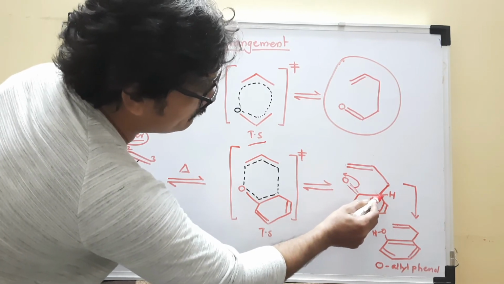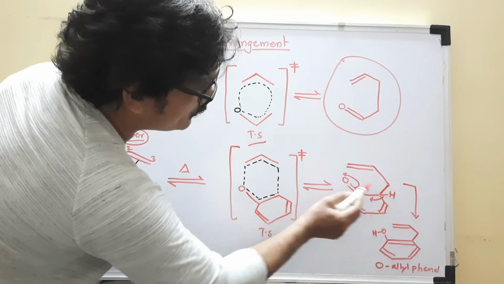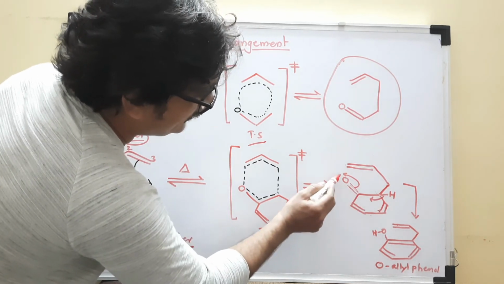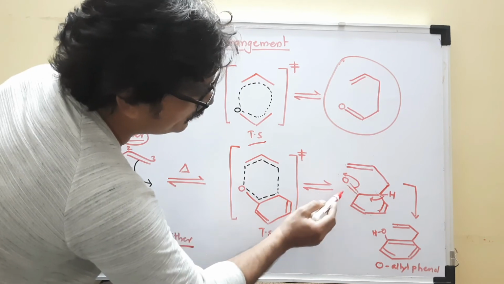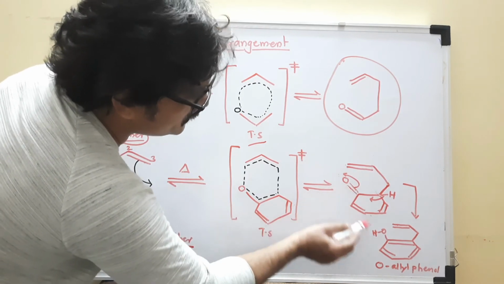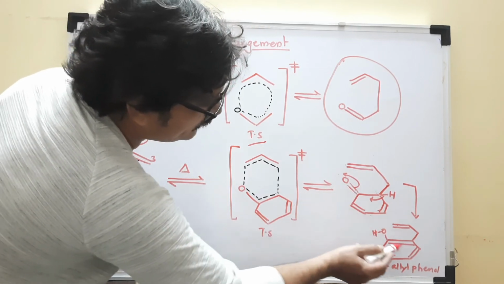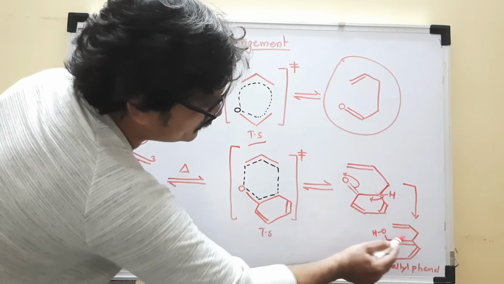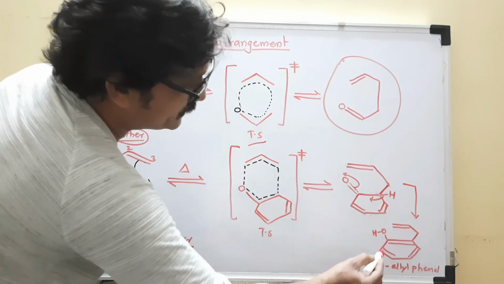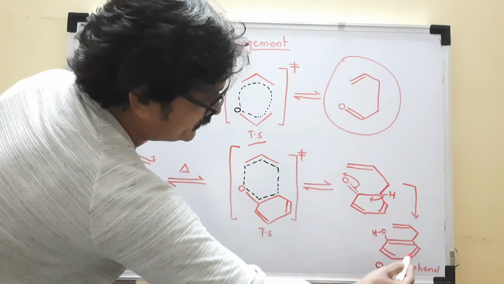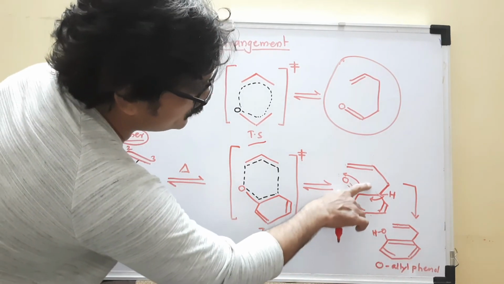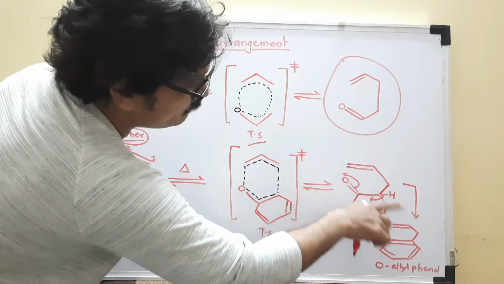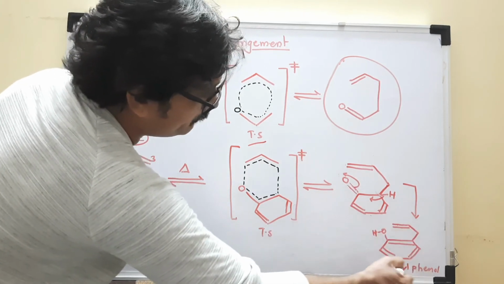This bond is converted to a pi bond, and this hydrogen is moving to the oxygen, and that hydrogen is joined to the oxygen by using this pi bond. If I do that, I get a hydroxyl group, and this 3rd pi bond of the benzene ring is regenerated. That means the aromatic center is regenerated. That is quite favorable. In fact, the conversion of this ketone to the aromatic ring is very fast because this is very favorable.